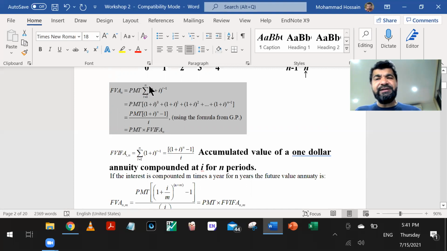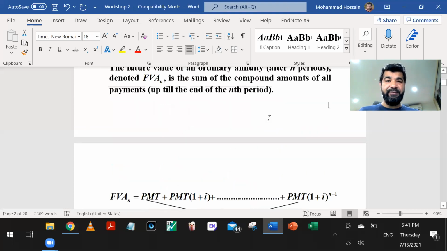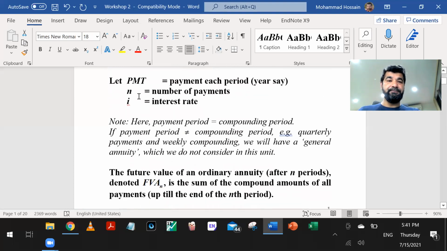It will not necessarily always be years. If you make monthly payments, n could be the number of months. The payment is the payment for each period: year, month, week, fortnight, or quarter.